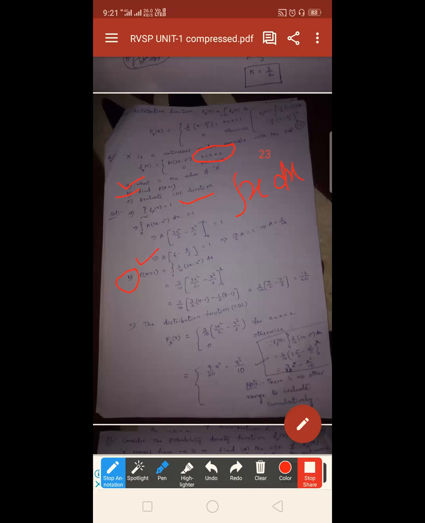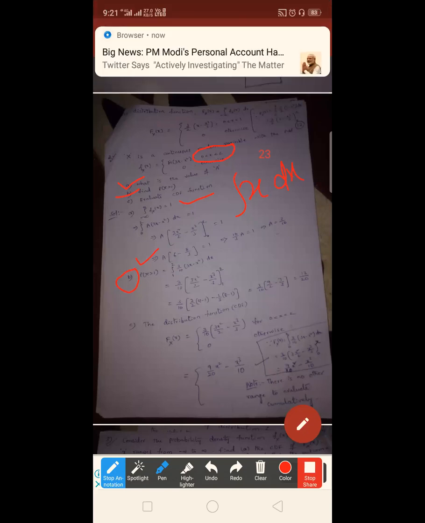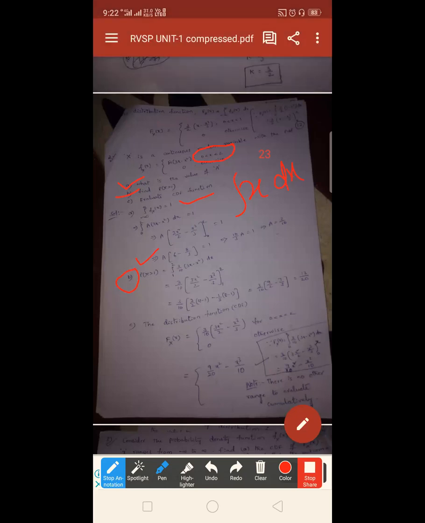Capital A value is 3 by 10. So 3 by 10 into 3x minus x square dx. 3 by 10 is constant, so you can write it outside. Again, apply the integration for the term 3x minus x square. So 3 into integral x means x square by 2, 3 is constant, minus integral of x square means x cube by 3.